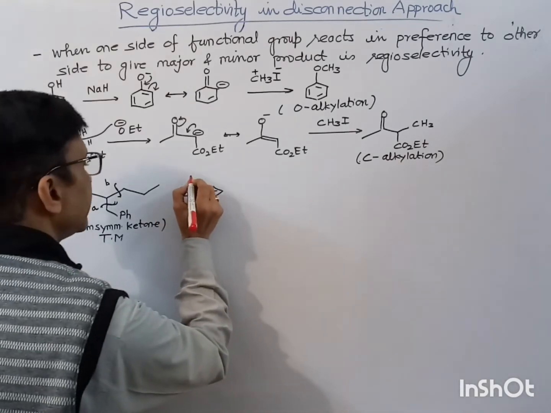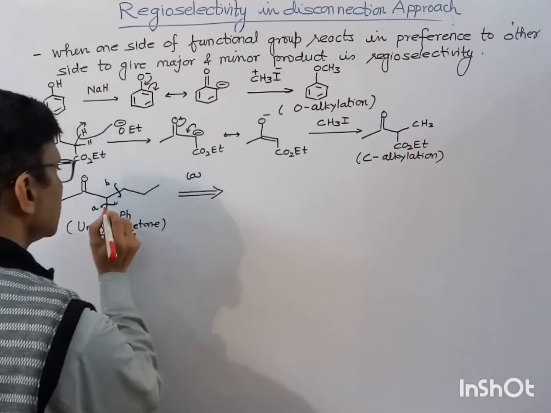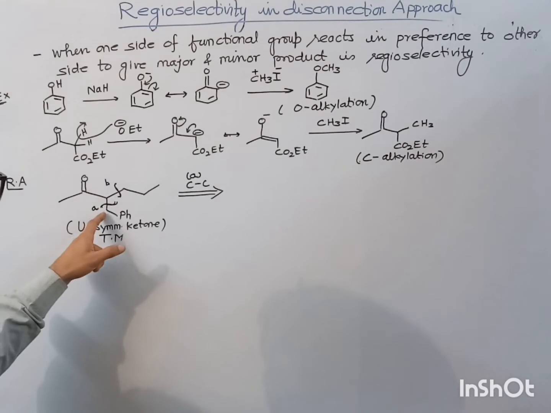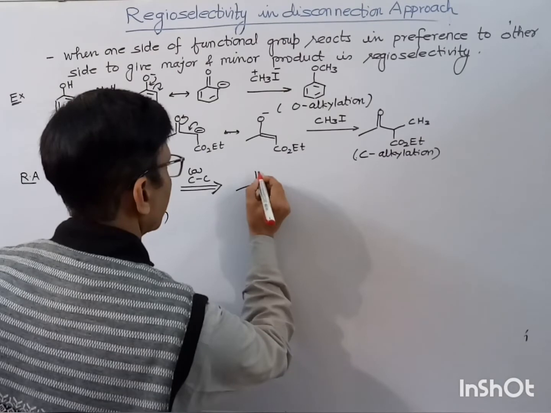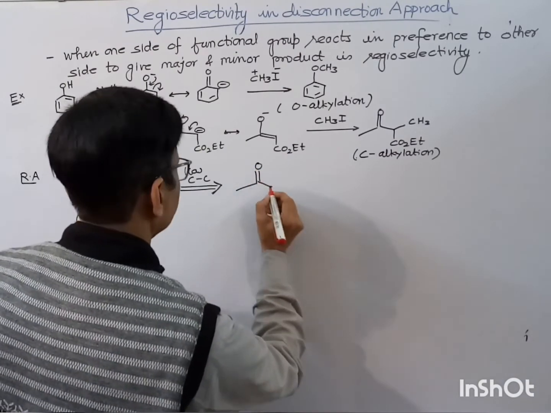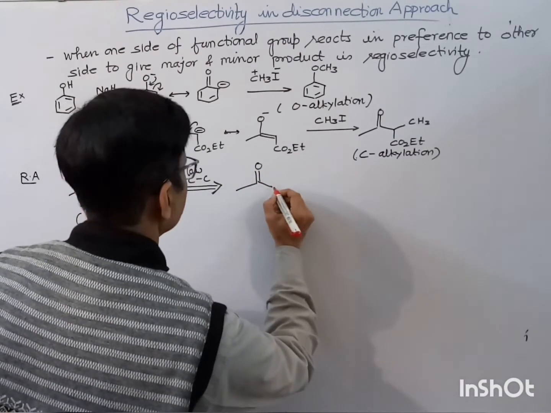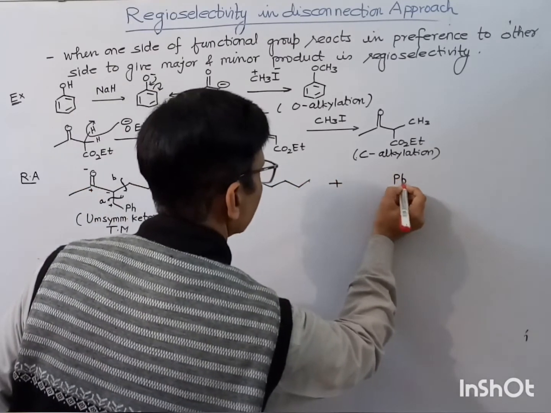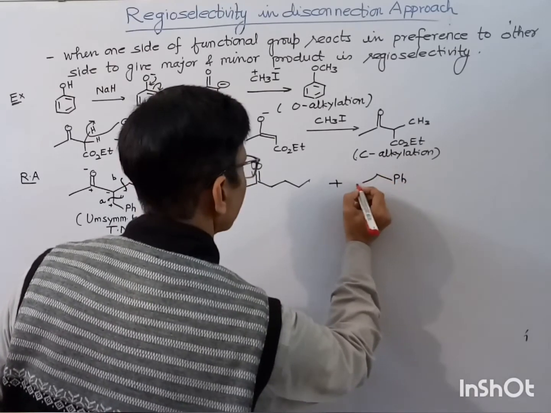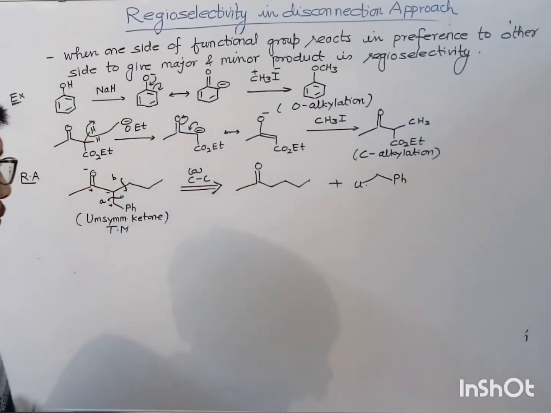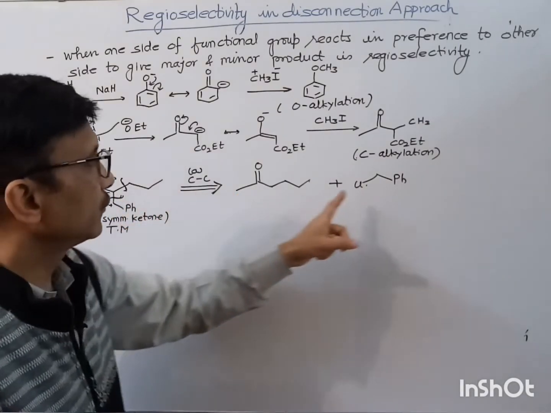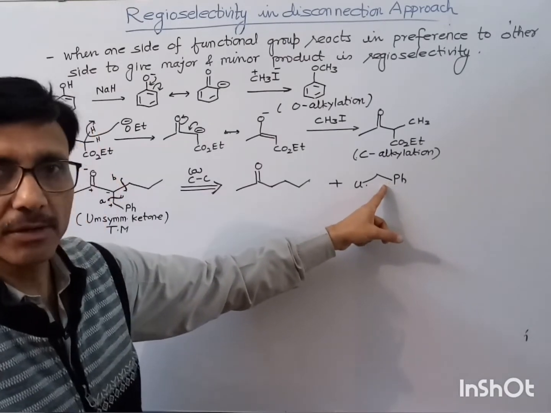We should take path A first, meaning this C-C bond should be disconnected. The reason is that when we disconnect via this path, we get the benzyl cation, which is more stable.